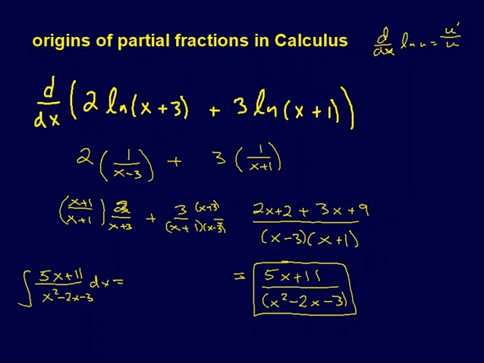And so thinking about it in reverse, thinking about where we came from initially, this single fraction came from combining these two smaller fractions here. The two smaller fractions were 2 over x plus 3 and 3 over x plus 1. So the main objective here is, how can I get this big expression split back into these two little fractions?